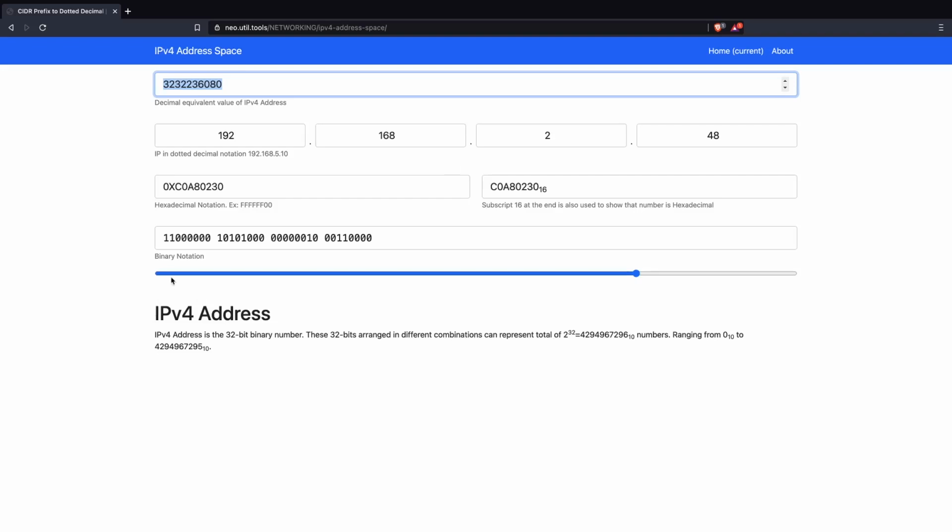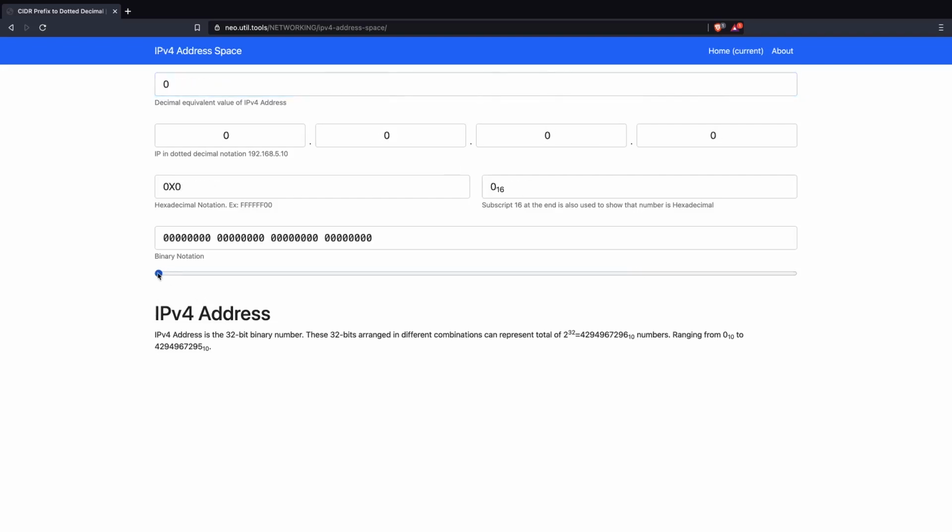Do you have any questions? This IPv4 address is a 32-bit number, a 32-bit binary string, where we use 32 bits to represent the number. It ranges from 0 to 4.29 billion.